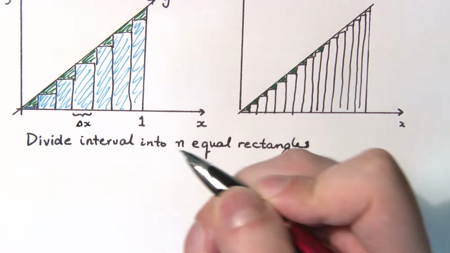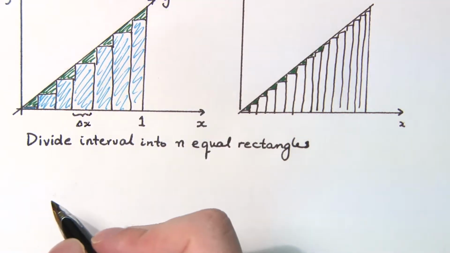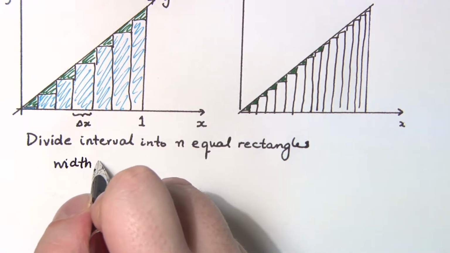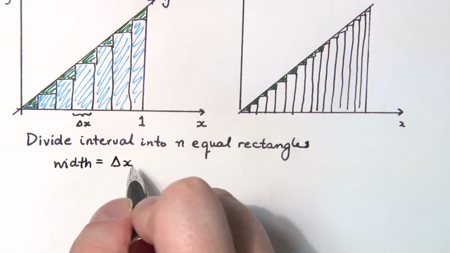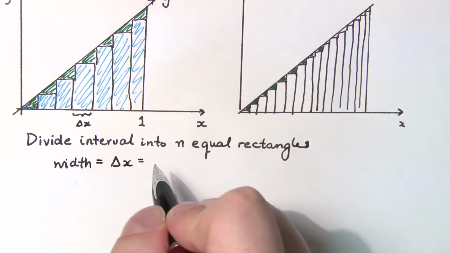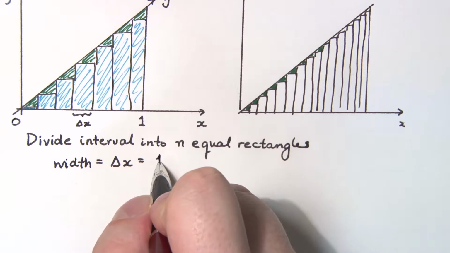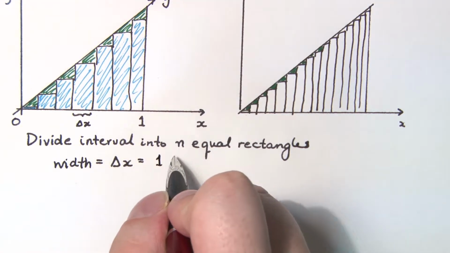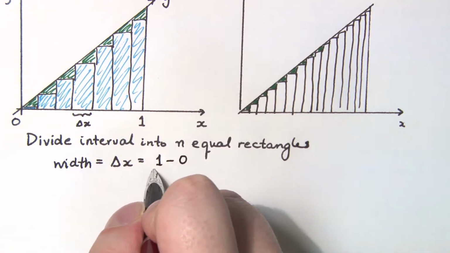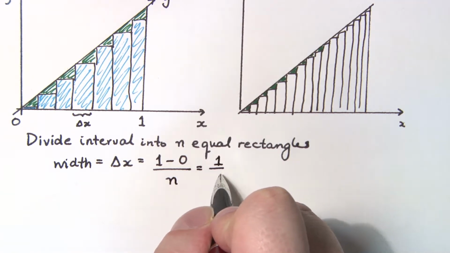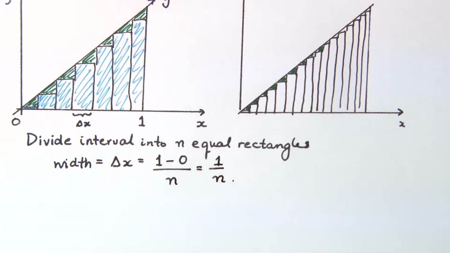It will have a width. And so this width is called our delta x. And in this case, our interval we have from 0 to 1. So we're looking at the entire interval, so we have 1 minus 0 divided by n many rectangles gives us the width of 1 over n.